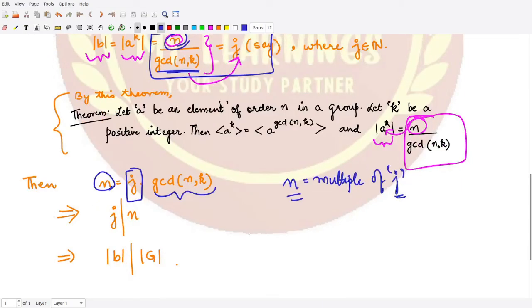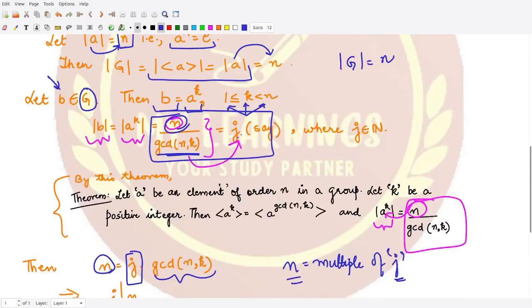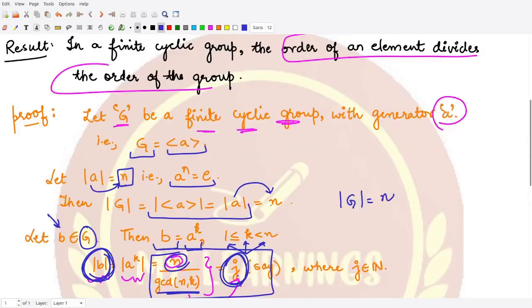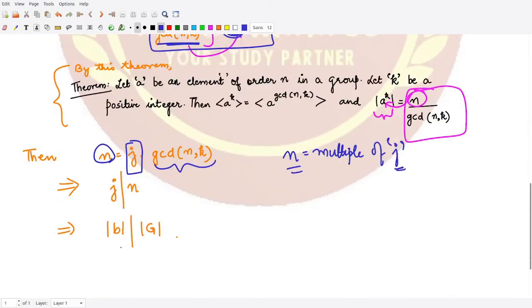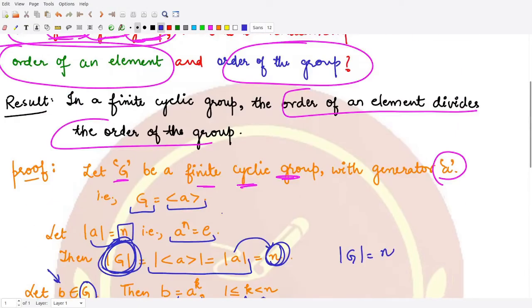So this j divides n, and what was j? From here you can see this j was the order of the element b, and what was n? n was the order of the given group, right? So that means the order of the given element divides the order of the finite cyclic group in this case. So this is the proof of this theorem.